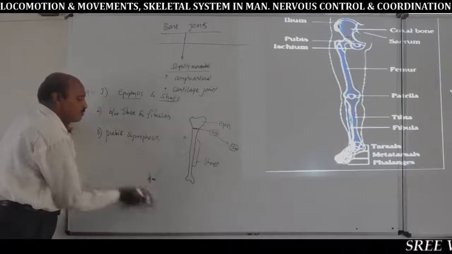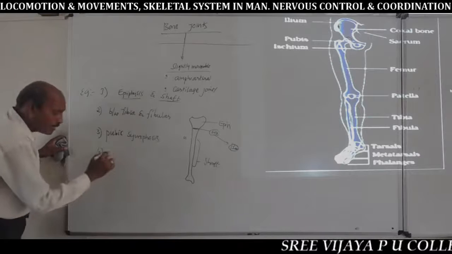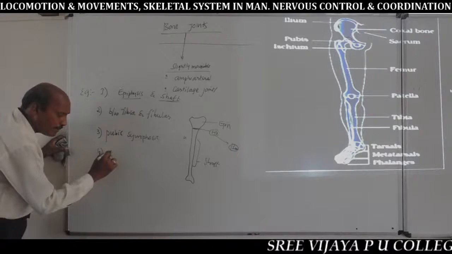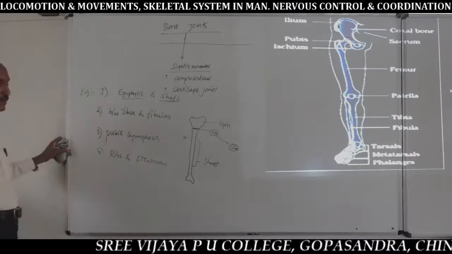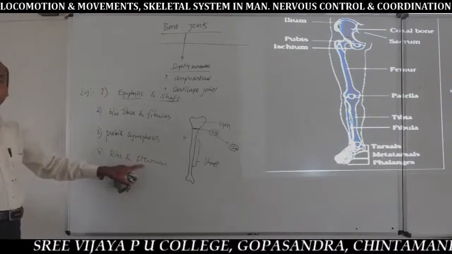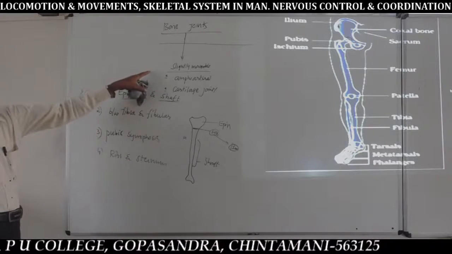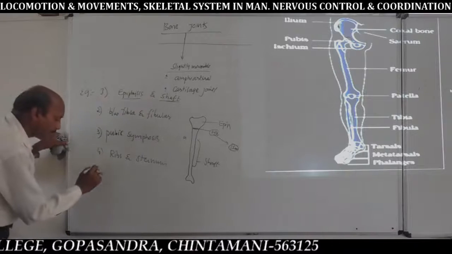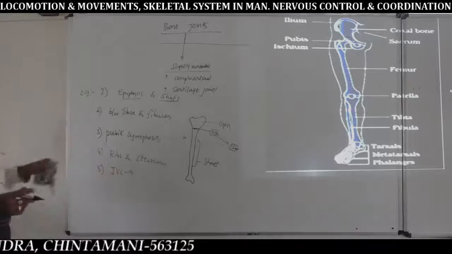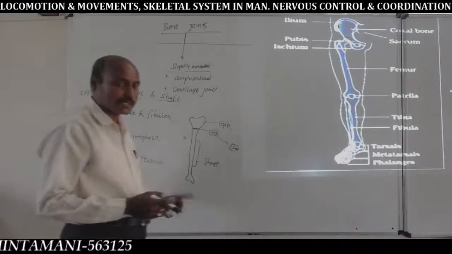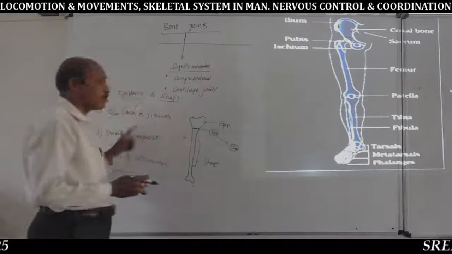And next to the pubic symphysis, another example is the joint between ribs and sternum bone. Joint between rib cage and sternum bone, one type of slightly movable joint. And another example is the intervertebral discs of vertebrae, one more example of a slightly movable joint.